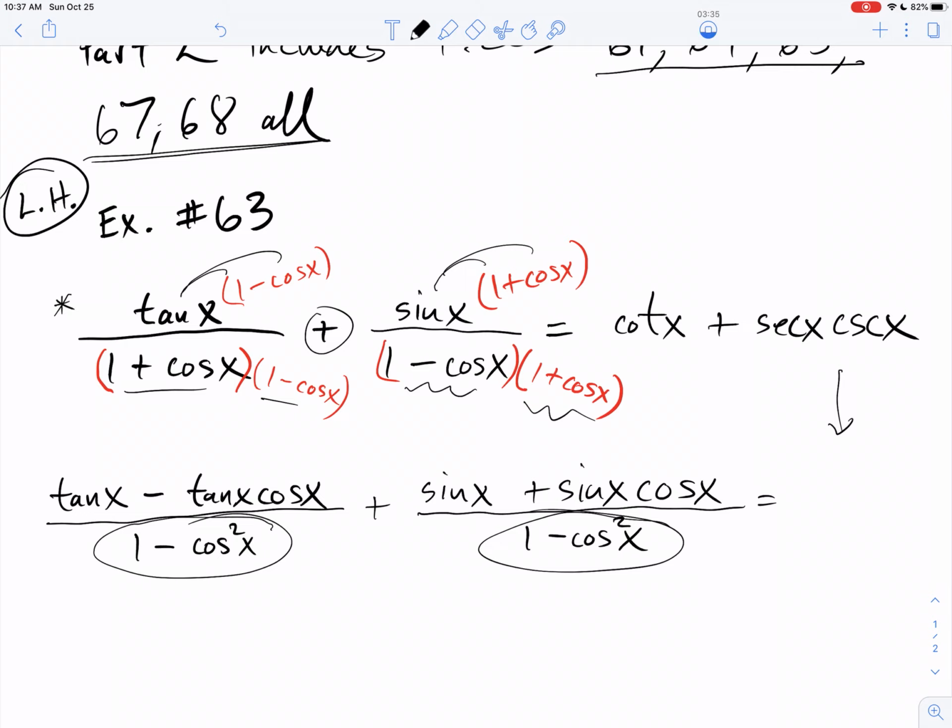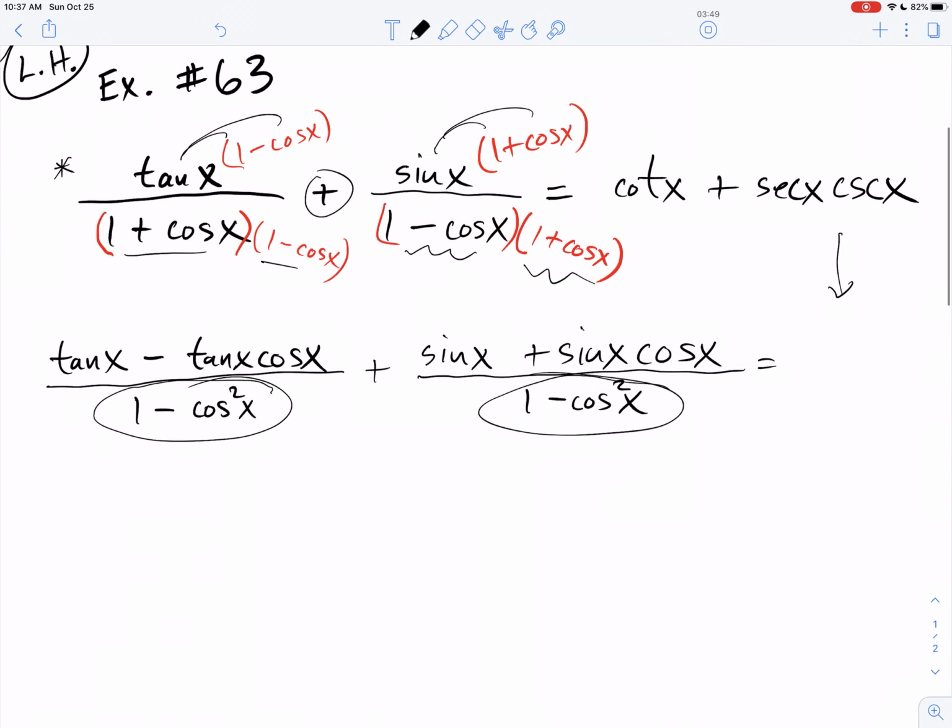But I also know that 1 minus cosine squared x is the same thing as sine squared x, because I have a Pythagorean identity. So let me take you to the next level here. What I'm going to do is just one little move in here.